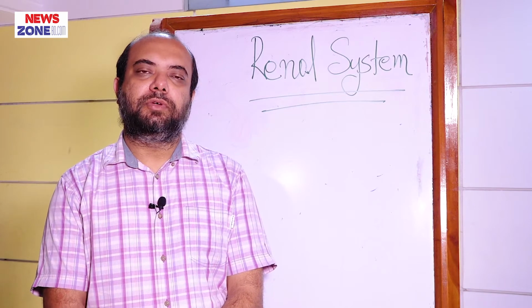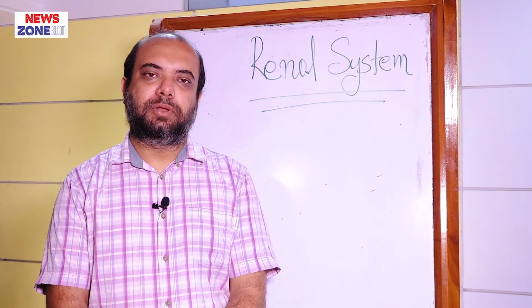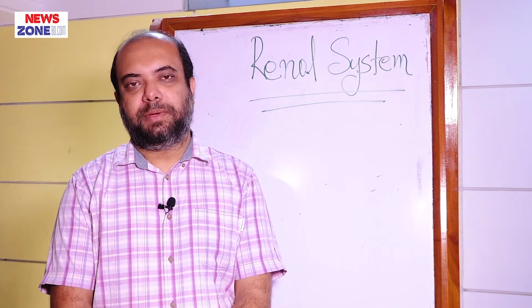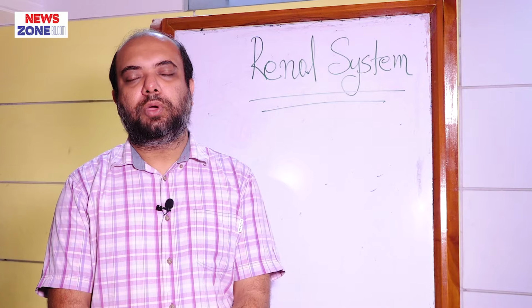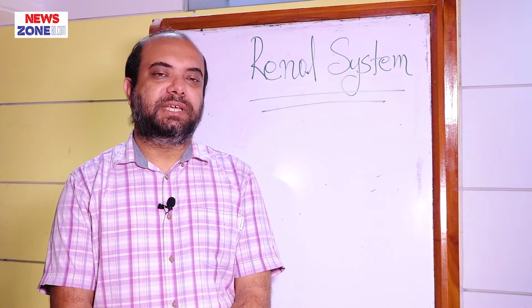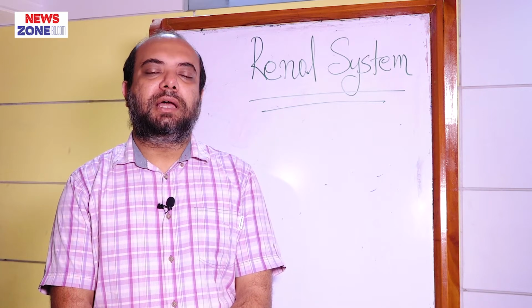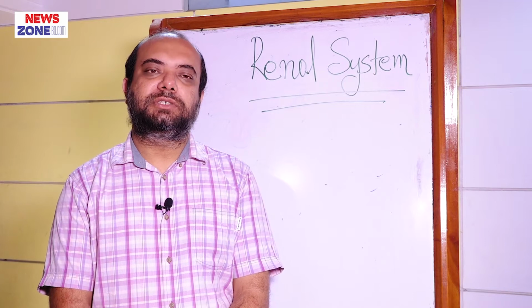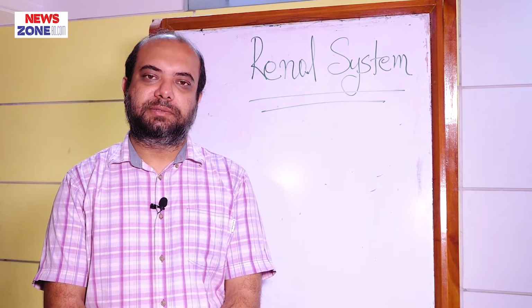First of all, we will know what the juxtaglomerular apparatus is, what cells are present in it, then we will know about the location of those cells, then we will learn about their functions, and then the importance of the juxtaglomerular apparatus.